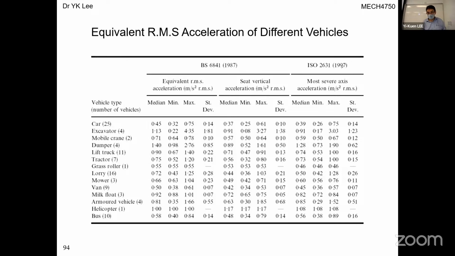Typically we use this ISO standard for whole body vibration, but sometimes they also use another one, the British standard BS6841. Certain designs are similar, but some are very different.